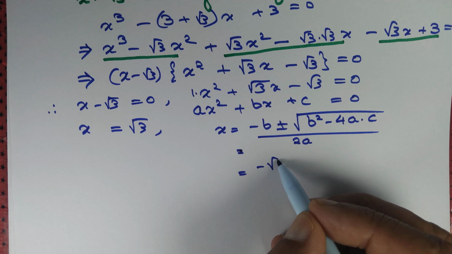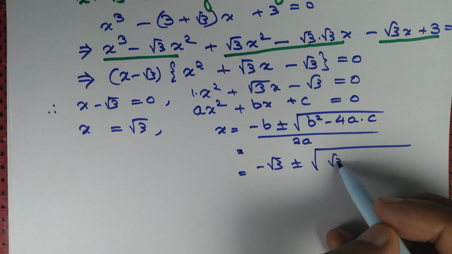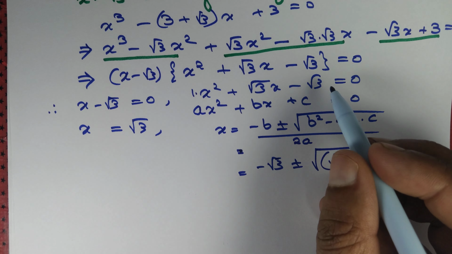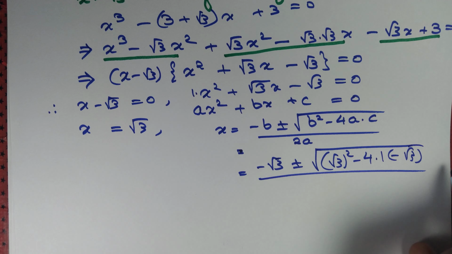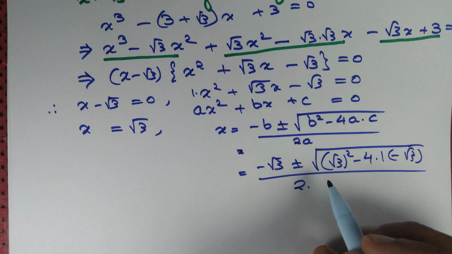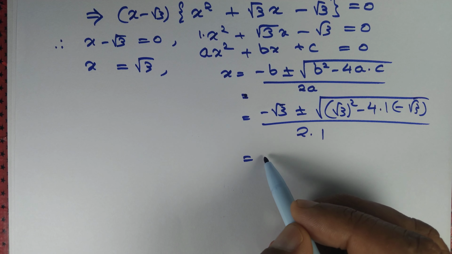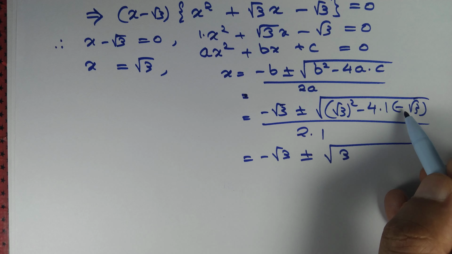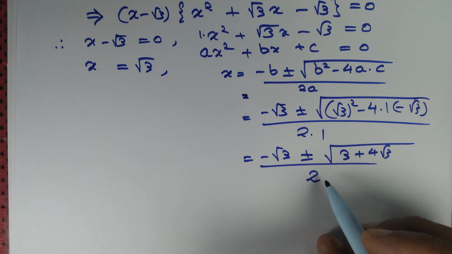So minus root 3 plus or minus root over root 3 square minus 4 into 1 into minus root 3, divided by 2 into 1. So that's equal to minus root 3 plus or minus root of 3 plus 4 root 3, divided by 2.